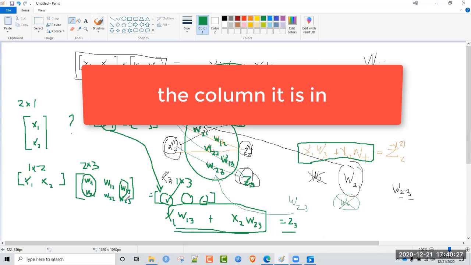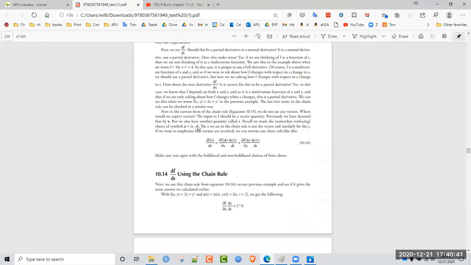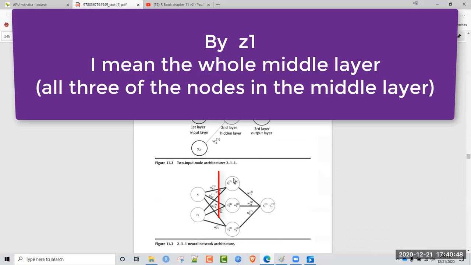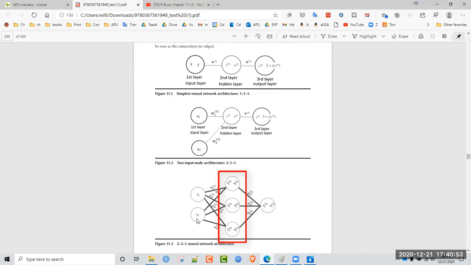So now we can write the whole calculation as a matrix calculation. So to get Z1, what do we do? We take the X matrix times the weight matrix.